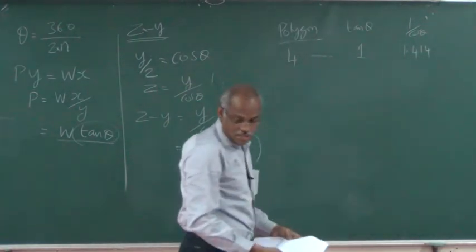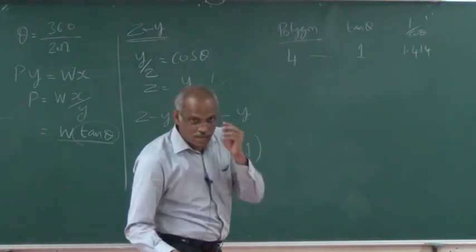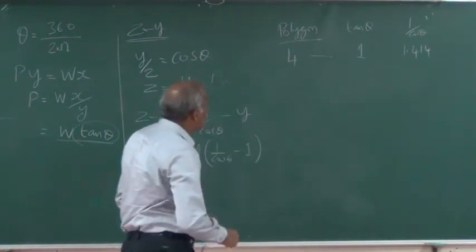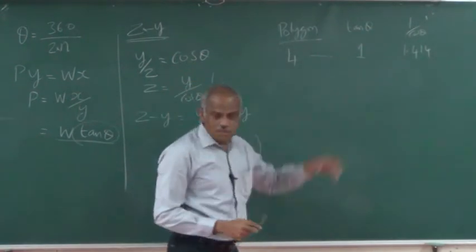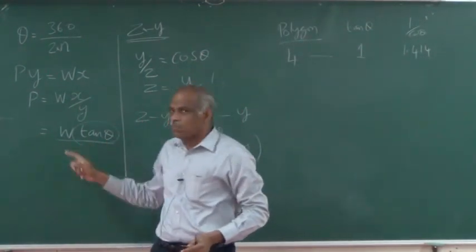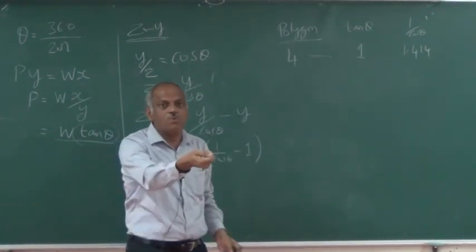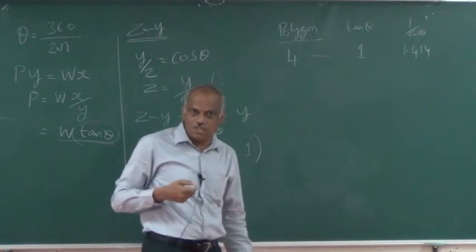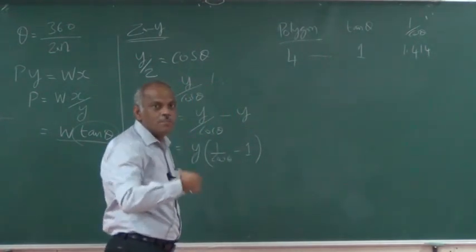So the meaning is that if I use a square as my wheel, tan theta is 1, which means whatever the weight, that same weight I have to apply in the horizontal direction for it to tip.